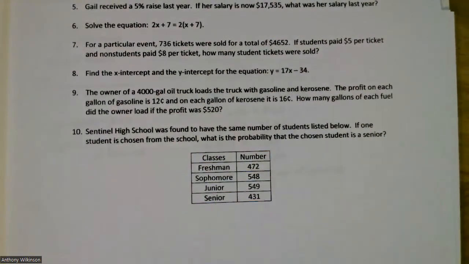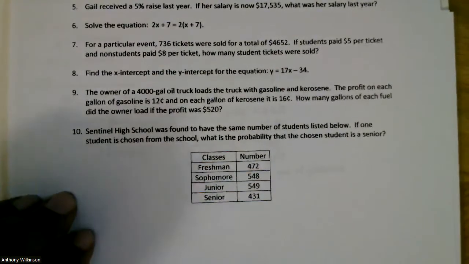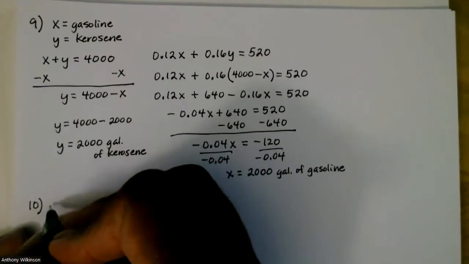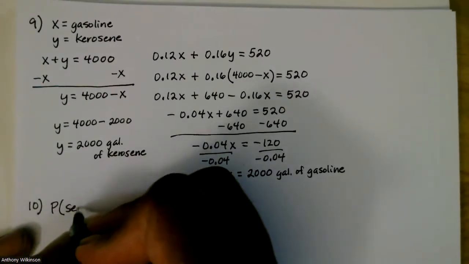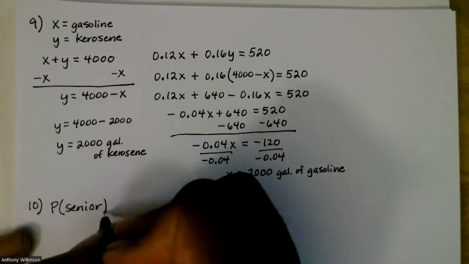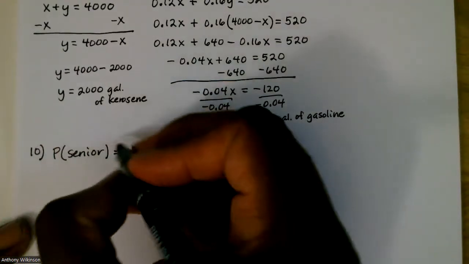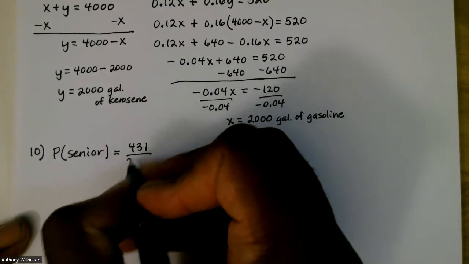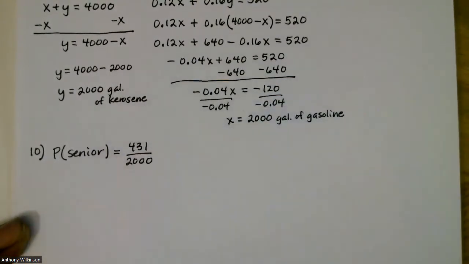So here we got 431 seniors out of a total of 2,000. So the probability of selecting a senior randomly, it would be 431 over the total number of students, which I did mention was 2,000. Okay.